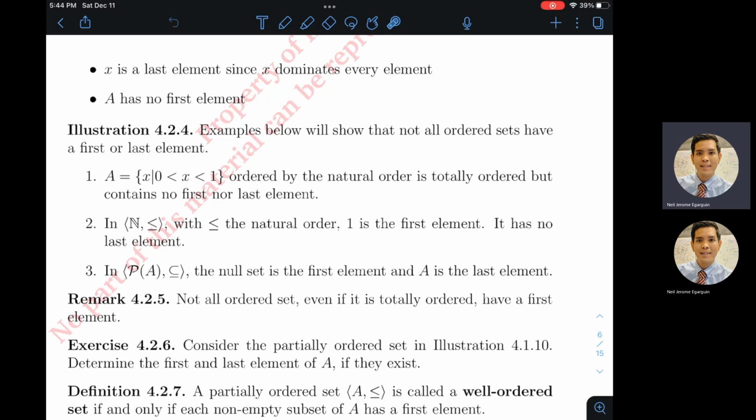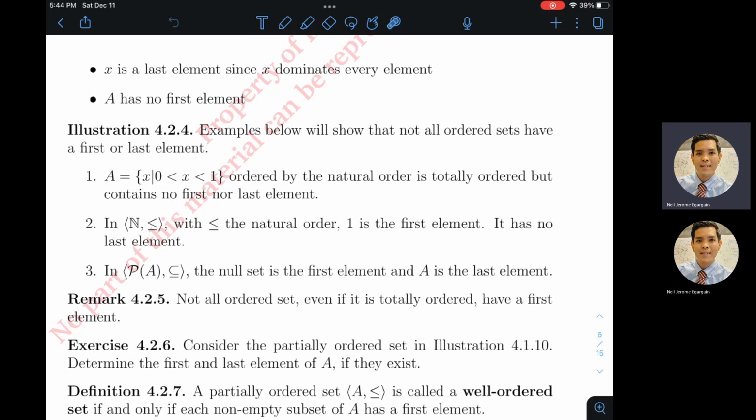All right? Now, we say na siguro inisip nyo, okay, kailangan, para magkaroon ka ng first at saka second element, dapat yung mga candidates para maging first or last element, they must be comparable to all other elements of the set A, right? Kasi nga dapat siya yung nagpe-precede or nagdo-dominate sa lahat ng elements ng partial order.